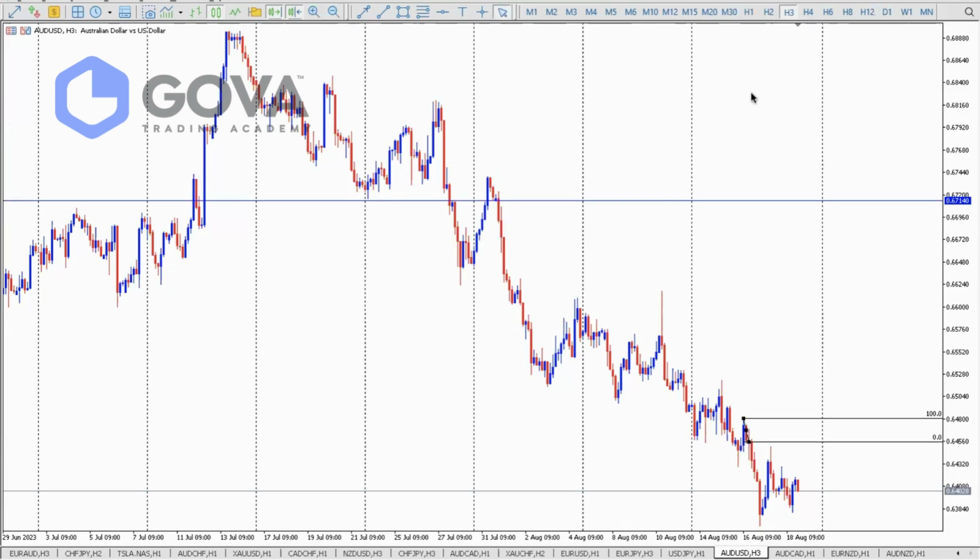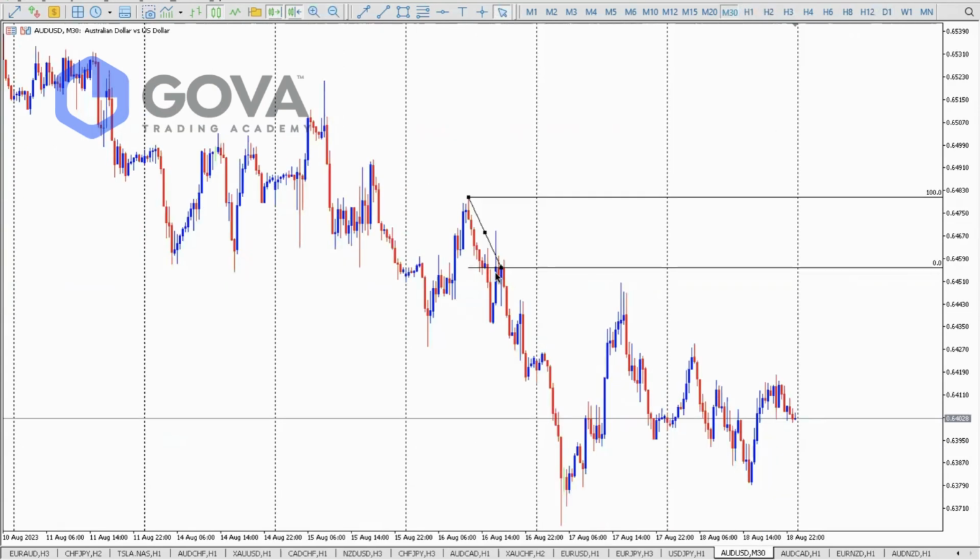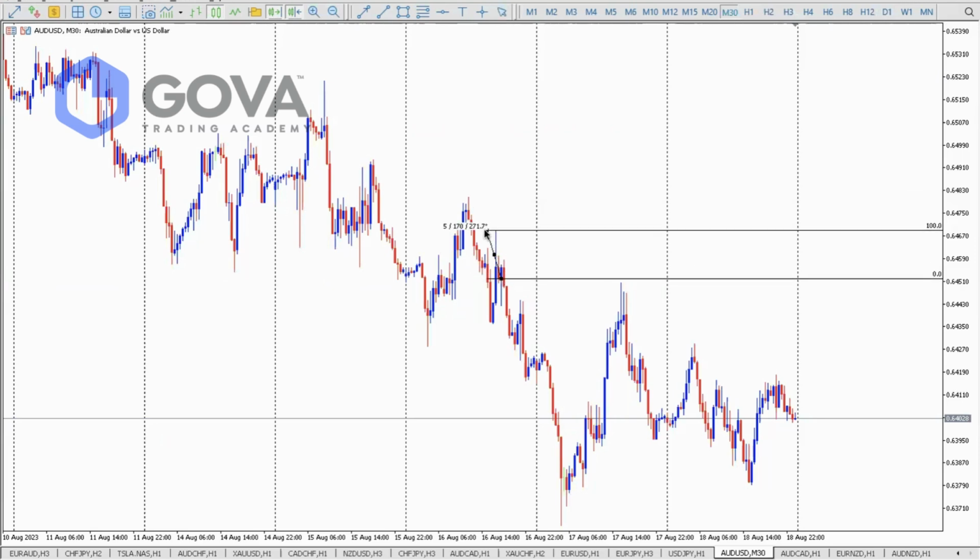Let me switch lower again to highlight it properly. You see, this is the zone. Right? Can you see the zone? This area has triggered, or this trade has triggered already. You see the trade has triggered here.